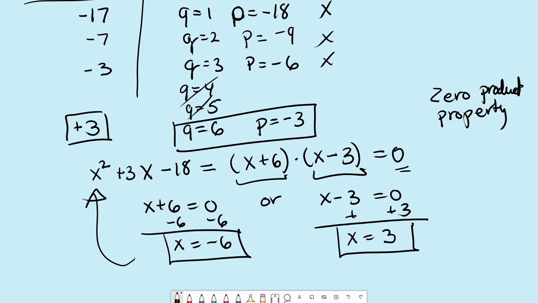Now, you can check this by substituting. Substitution is the way we check an equation. We take the solution and substitute it inside. And if you substitute x equals negative 6 or x equals 3, you'll get 0 for the value of this side of the equation. So this is how we use factoring to solve a quadratic equation.